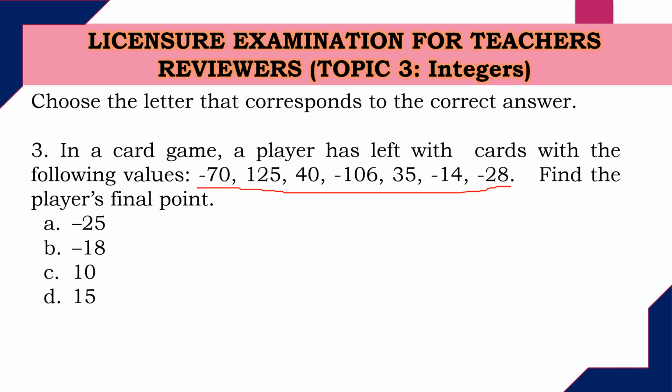So, we have negative 70 plus 125 plus 40 plus negative 106 plus 35 plus negative 14 plus negative 28, and that is equal to letter B, negative 18. So, negative 18 is the player's final point.